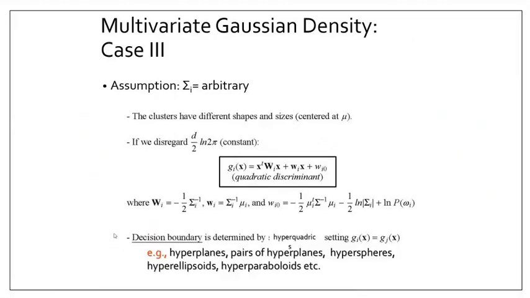Now if I take a more generalized case where every covariance matrix is different, that is, all classes have their own sigma. In the earlier two cases this sigma was the same for all classes, whatever the diagonal may be. Now the most generalized case is that sigma is different for all classes.